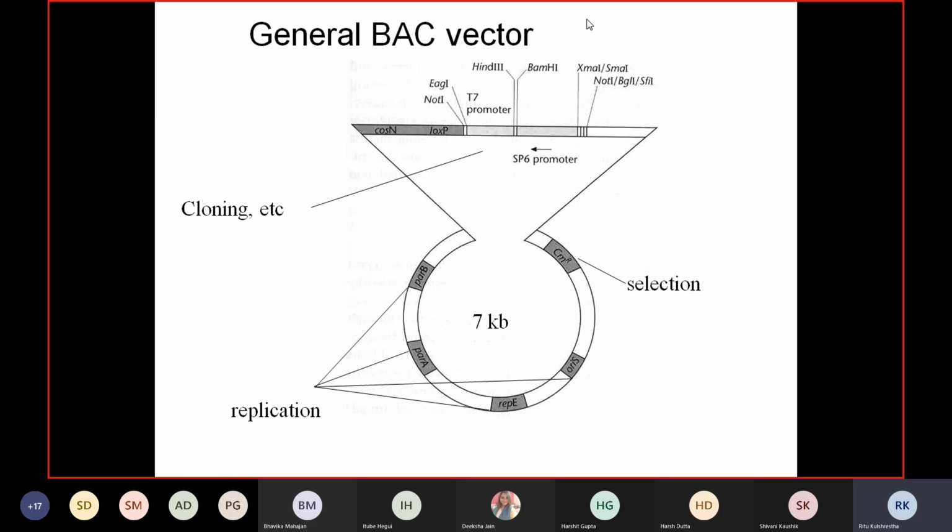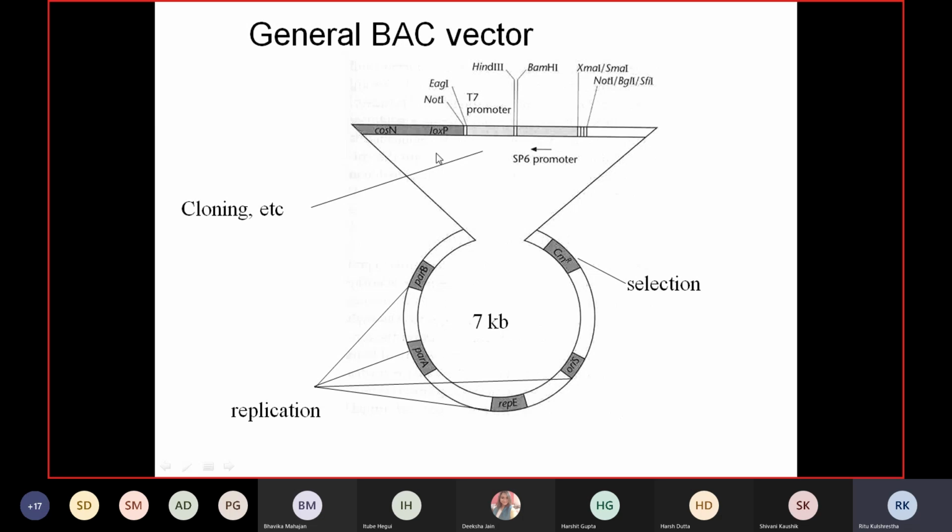In those cases where you want the expression products of the genes or the segments that are cloned here, you do require T7 and SP6 promoters. And why they are present on either side of the MCS is that, depending on whether you require transcription from this side or from this side, you can choose which promoter you want to use in the bacteria.